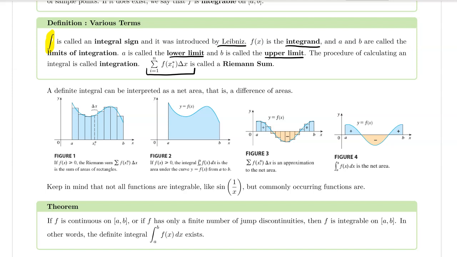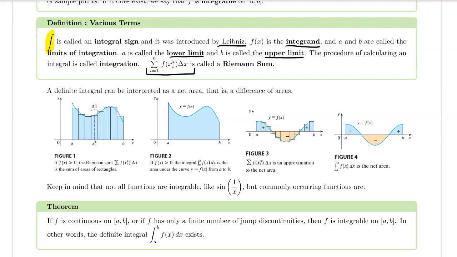Now, a definite integral can be interpreted as a net area, that is, a difference of areas. When we were looking at a function that was above the x-axis, the definite integral is equal to the area between the curve and the x-axis. But if we're now looking at a function that's not always positive, that means that sometimes it falls underneath the x-axis.